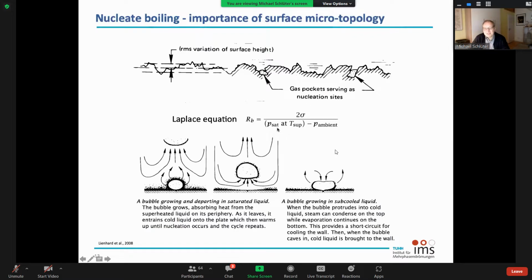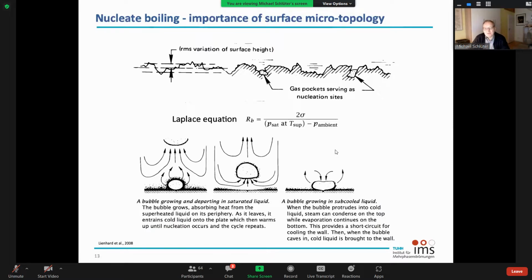But if the saturation pressure here gets higher, by increasing the temperature, so the superheat, then, as ambient P is constant, if we increase this difference here, the radius increases.